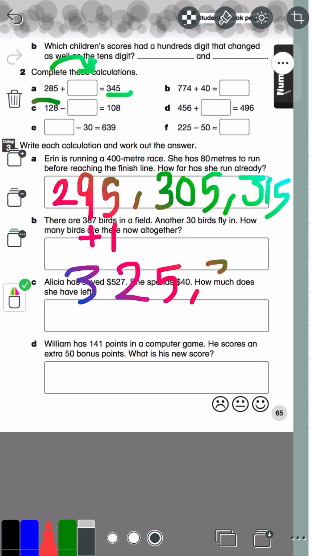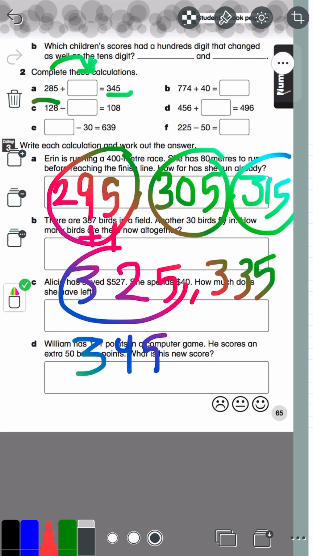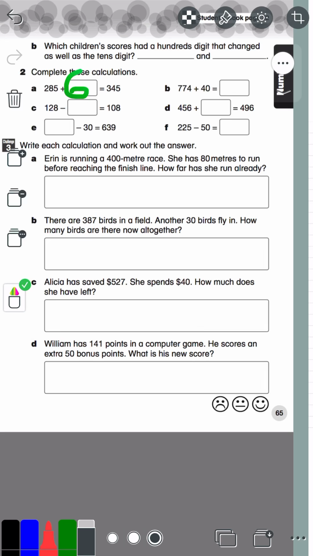325, 335, and here we have 345. So how many tens did we add? Look, here is 1 ten, 2 tens, 3 tens, 4 tens, 5 tens, 6 tens. So it's 6 tens.